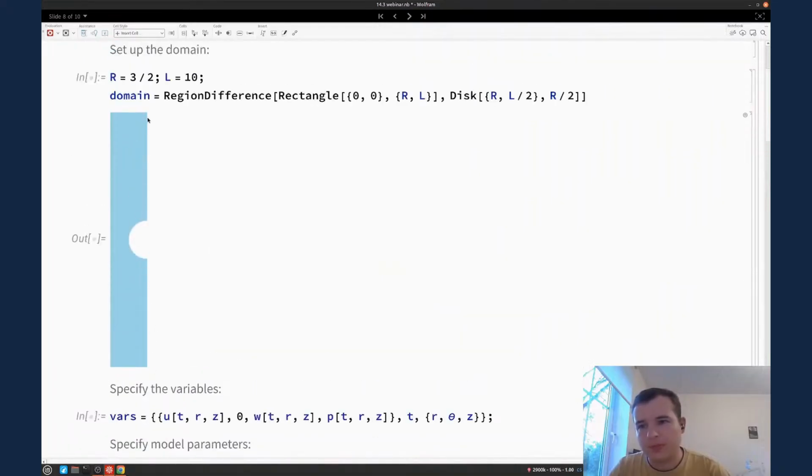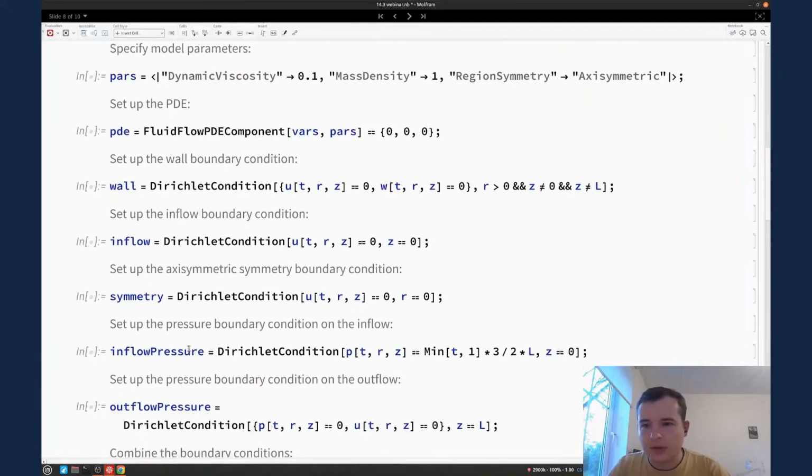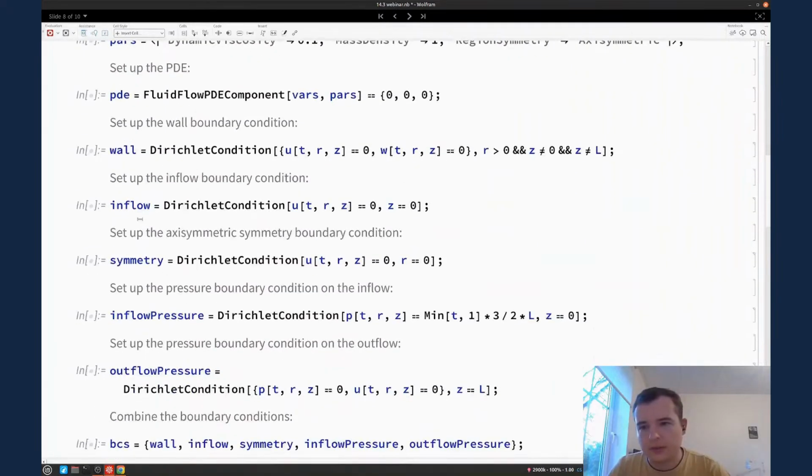So we assume that the velocity is equal to 0 at this part of the boundary. The second boundary condition is this inflow boundary condition, which is then followed by this axisymmetric symmetry boundary condition, because once again we do not want to have any flow across the axis of symmetry.